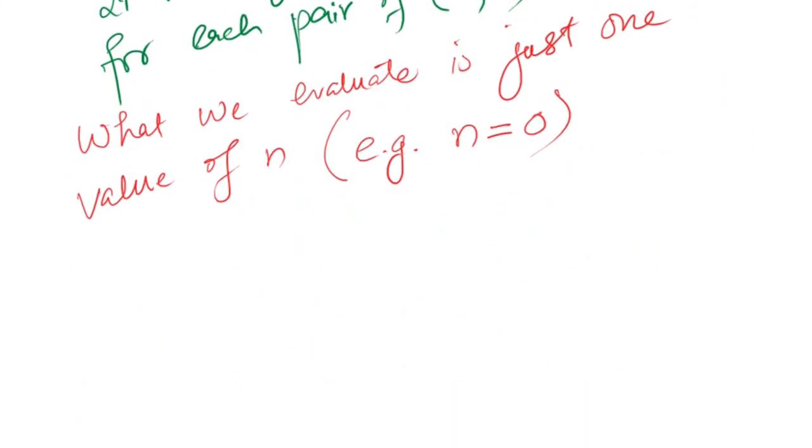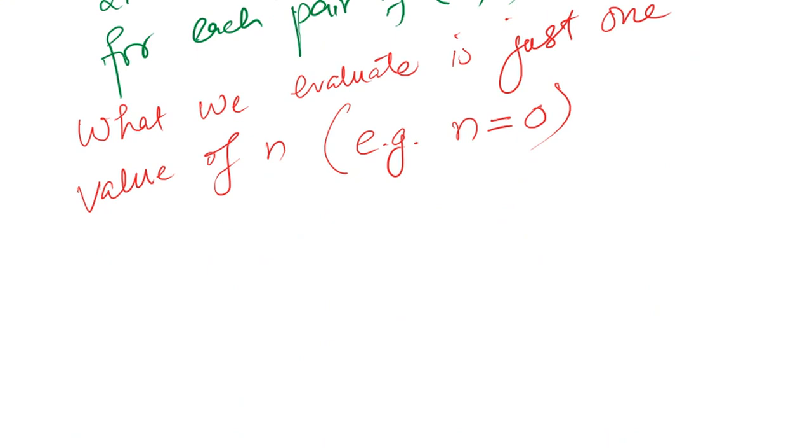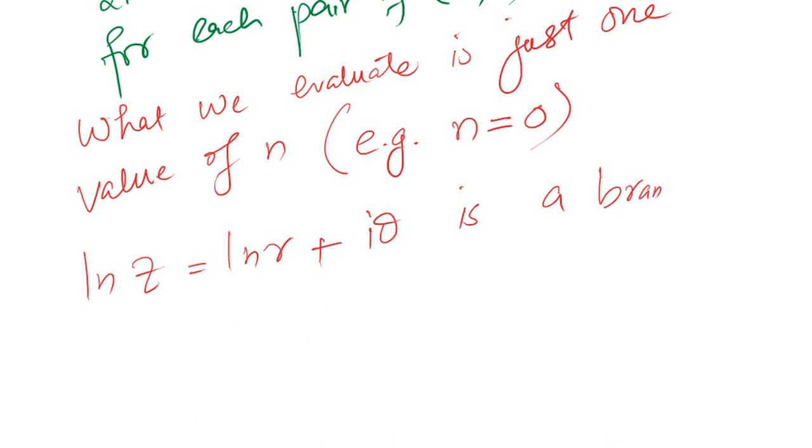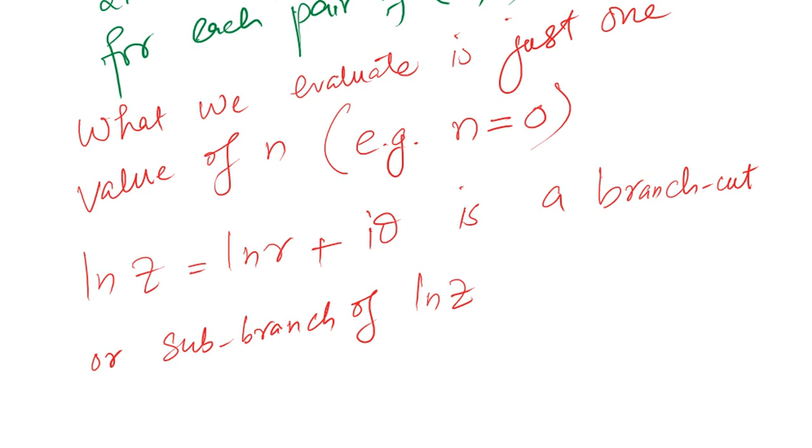So I mentioned here that log of z, that is equal to log of r plus iota theta, is a branch cut or sub-branch, whatever you call it, of the actual function, which contains log of r plus iota theta plus 2n pi.